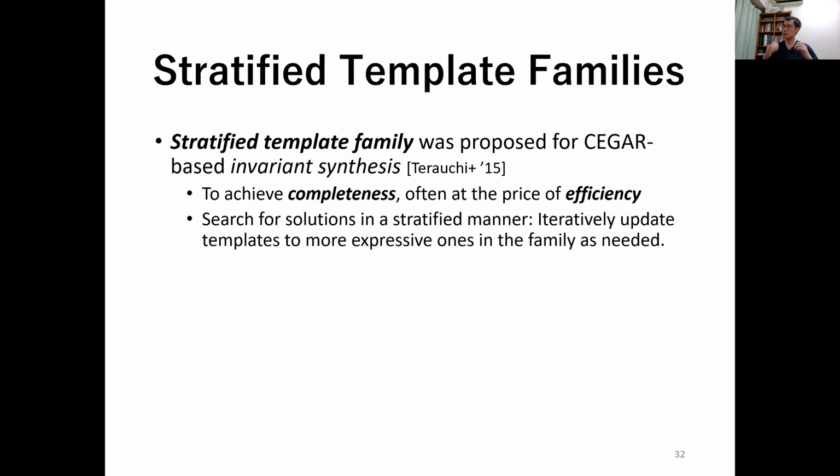Each stratum is a finitary template, but there are infinite levels of strata. And the idea is to search for solutions in a stratified manner. Iteratively, you start from an inexpressive template and gradually move to more expressive ones as needed.